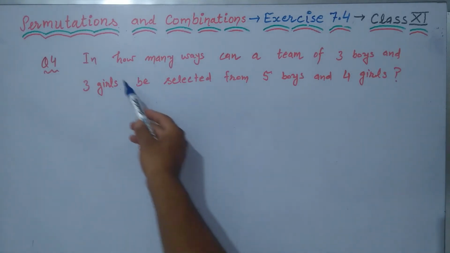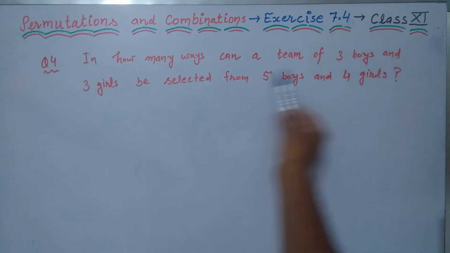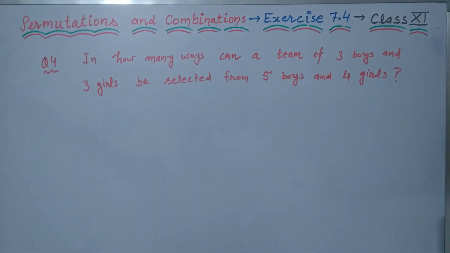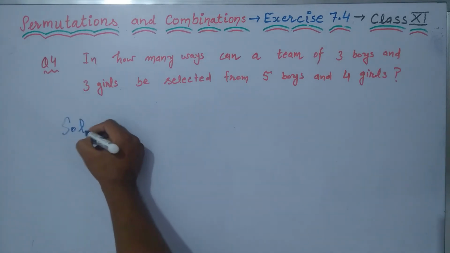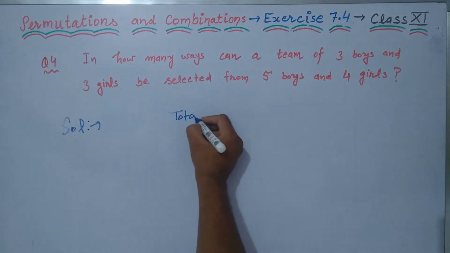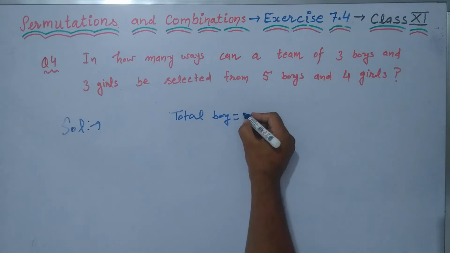Question number 4 is, in how many ways can a team of 3 boys and 3 girls be selected from 5 boys and 4 girls? So this is also a question of selection, the question of combination. So first of all, total boys are 5.